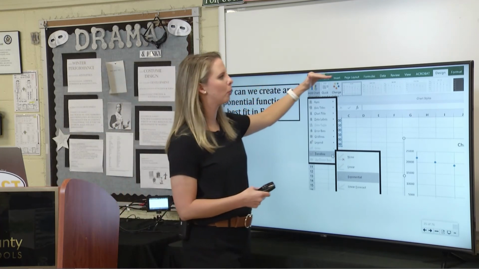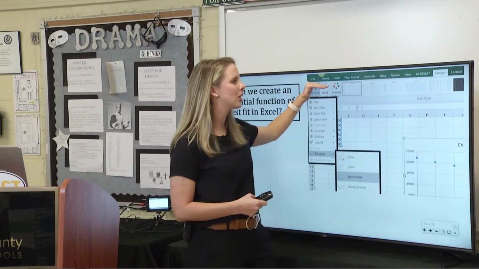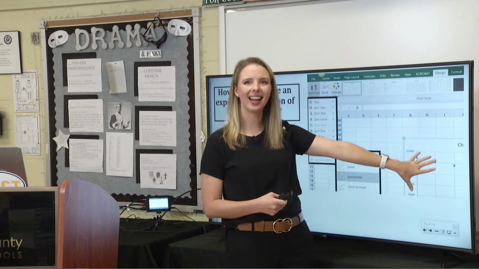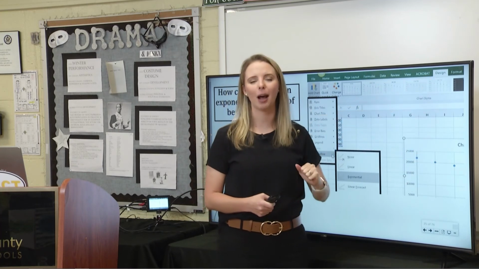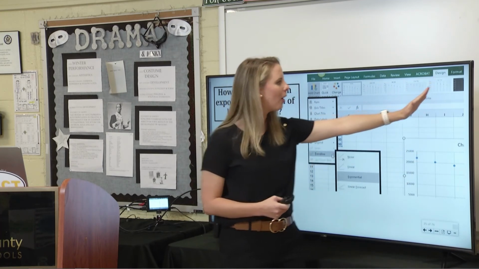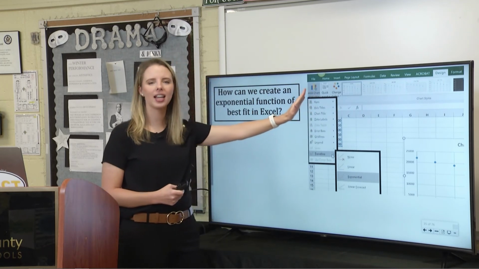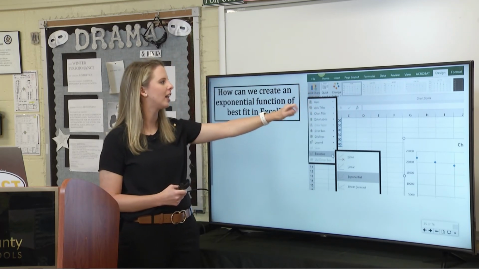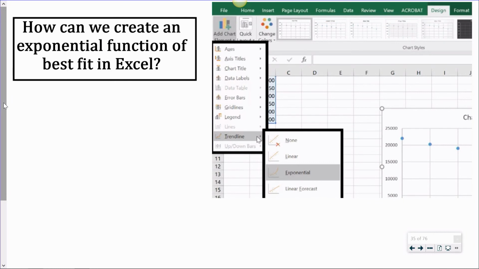Across the top, on your ribbon, make sure your scatter plot is selected and that you have the Design tab selected. Now down here on the far left side of your computer screen, you're going to see Add Chart Element. It's a drop-down box. You're going to drop down and go to Trendline. And guess what's right there? Exponential.